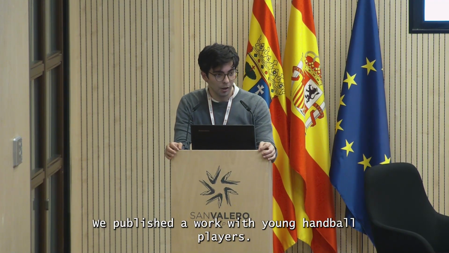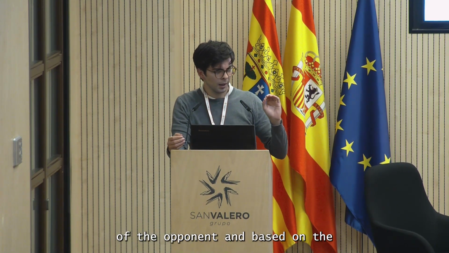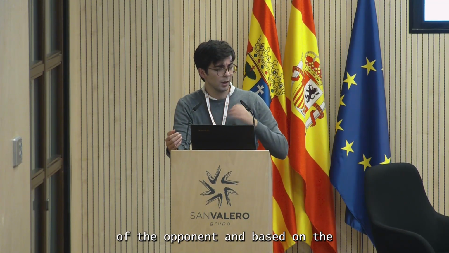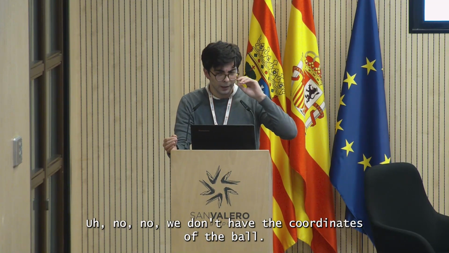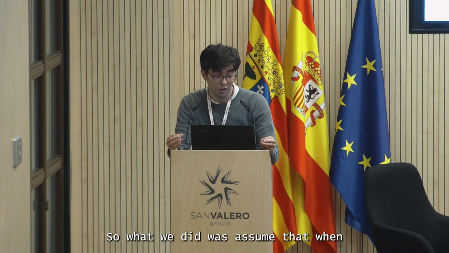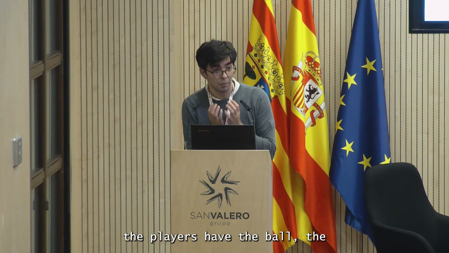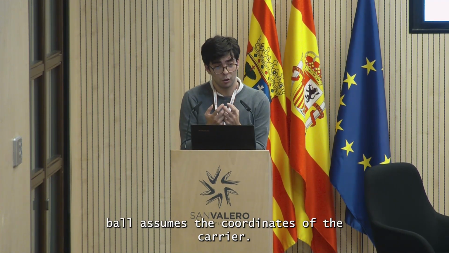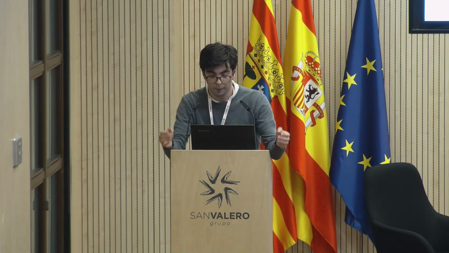Nosotros publicamos un trabajo con jóvenes de balonmano. Es una métrica que se basa en la velocidad del oponente y en la velocidad del balón. No tenemos las coordenadas del balón, entonces lo que hicimos fue asumir que cuando los jugadores tienen el balón, el balón asume las coordenadas del portador.